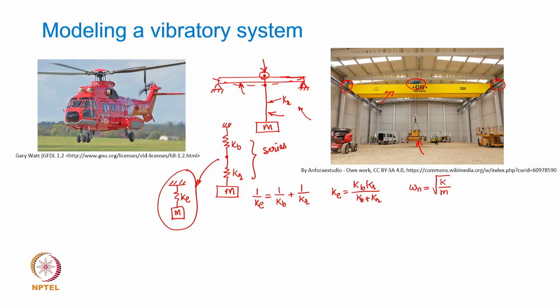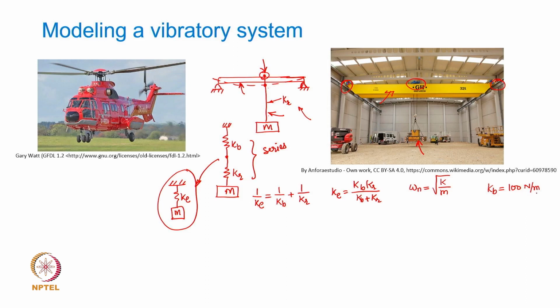Now, many times it so happens that we may have to simplify the modeling process. Looking at the girder, suppose this Kb, the stiffness of the girder, turns out to be 100, just a hypothetical case. These numbers are not that important, but I am basically trying to highlight the modeling approximations.